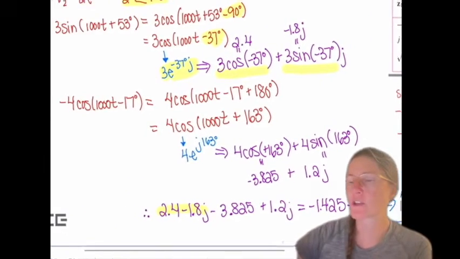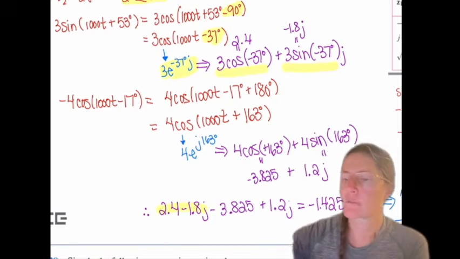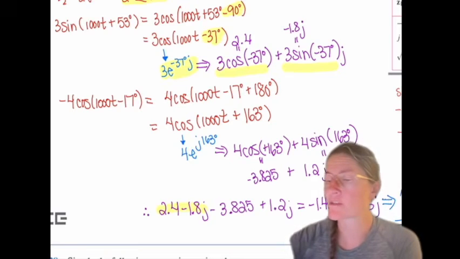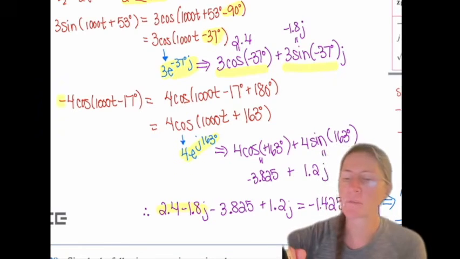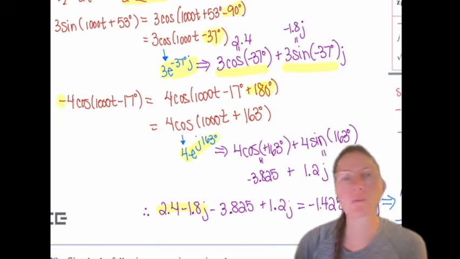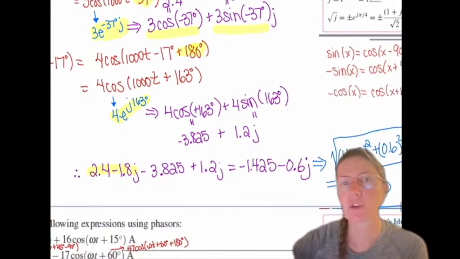And then you're going to do the same thing with the minus 4 cosine(1000t minus 17), so that becomes 4e^(j...). You'd bring the minus sign in and then add plus 180, so that becomes a plus 163.